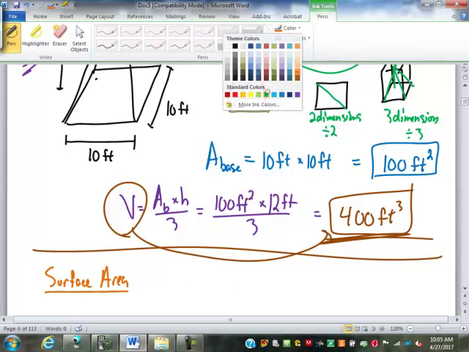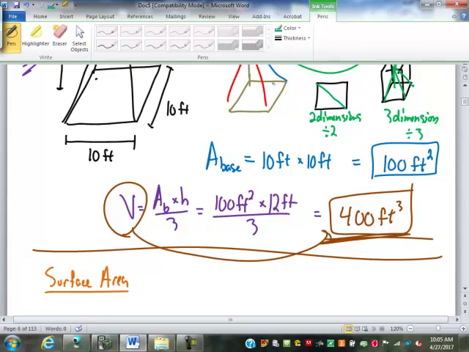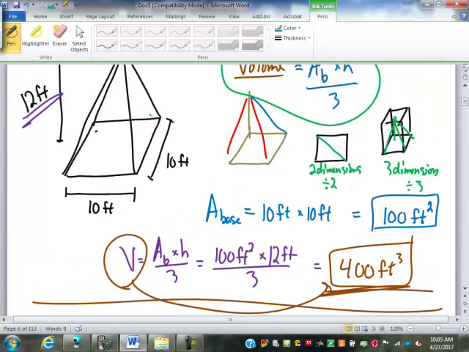First of all, when I'm doing the surface area of this, I need the area of the base. Notice I didn't say base or bases, I just said base because only one. The only base here is on bottom.